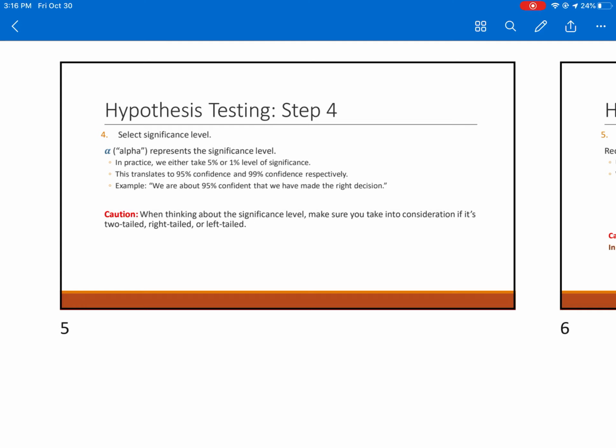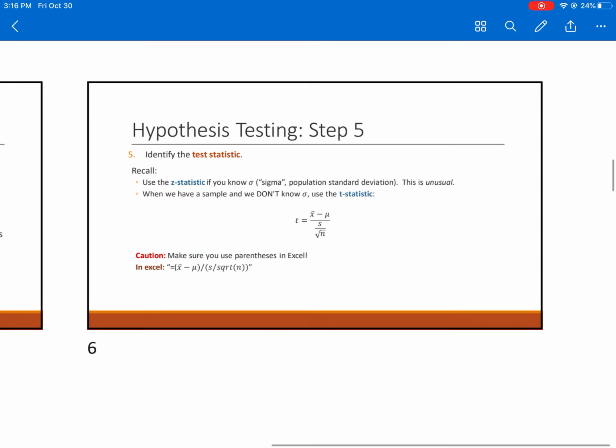If I'm 99% confident, my alpha is 1%. For example, we are about 95% confident that we have made the right decision. Caution: when thinking about the significance level, make sure you take into consideration if it's two-tailed, right-tailed, or left-tailed.